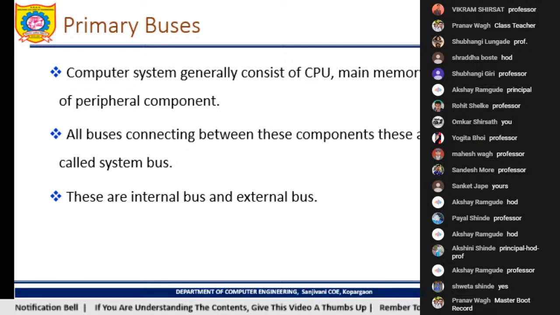These are internal buses of the system, primary buses, which are inside the processor or connect to the processor. The system bus is also divided into internal and external buses.